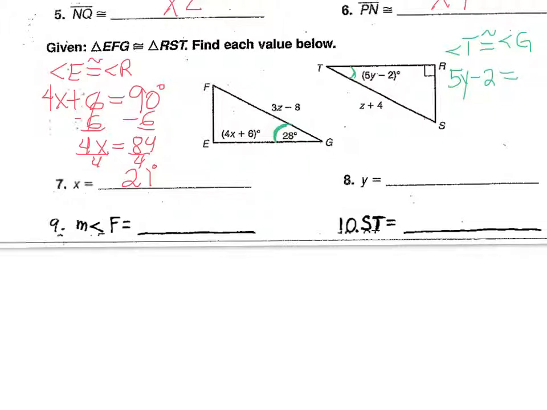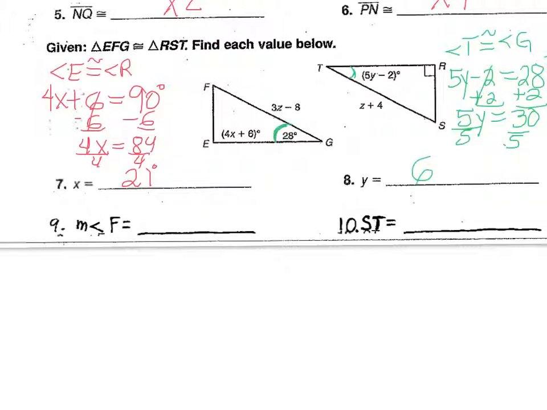And angle G is how many degrees? 28. And then we just solve for y. So you have to look for the angle that is corresponding to that angle that they're asking for, or where it has that letter that you're looking for. 28 plus 2 is 30, and then divided by 5. y equals 6.